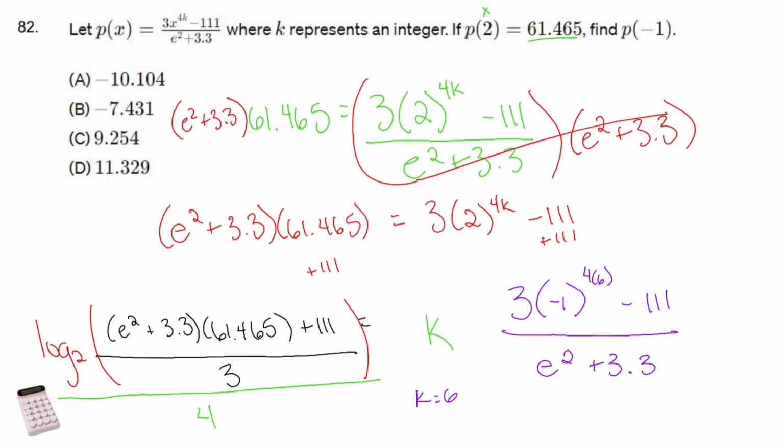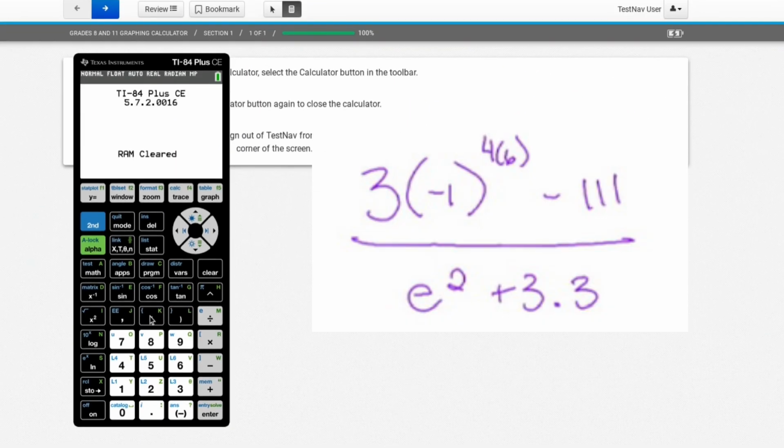Just like I said before, I'm paranoid about fractions, so let's put parentheses there. 3 parentheses negative 1 to the 24, minus 111.